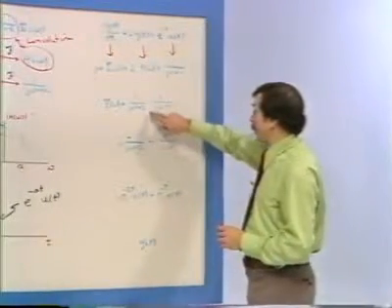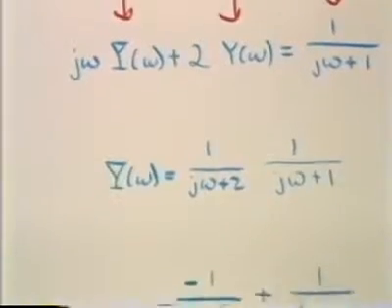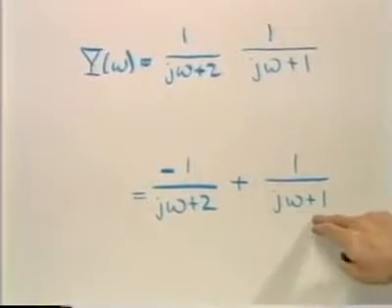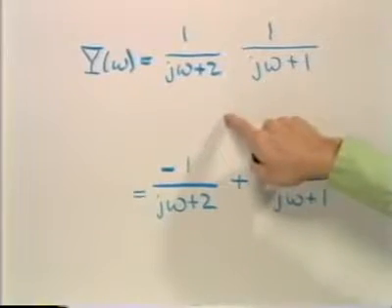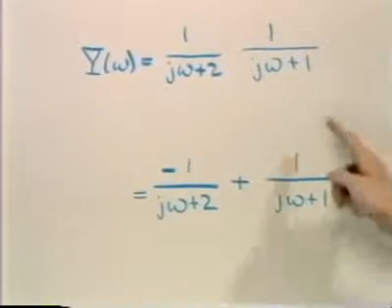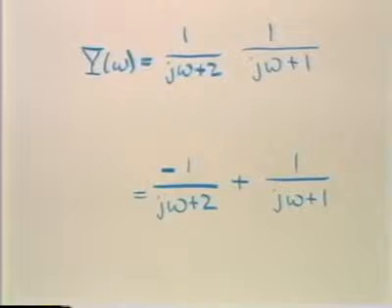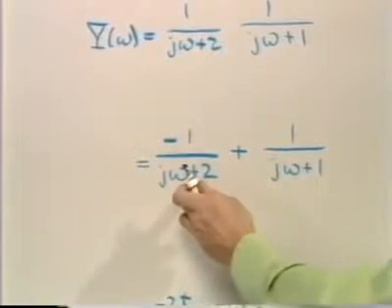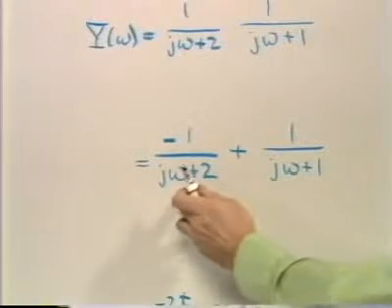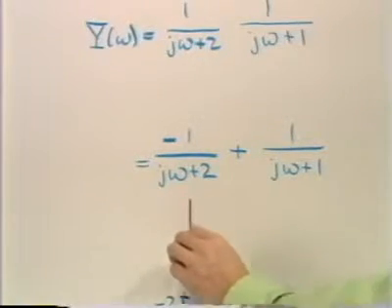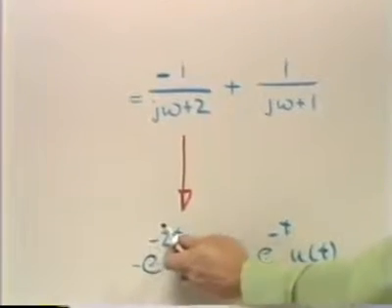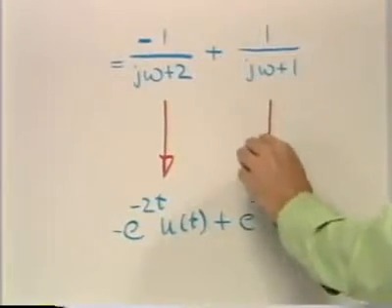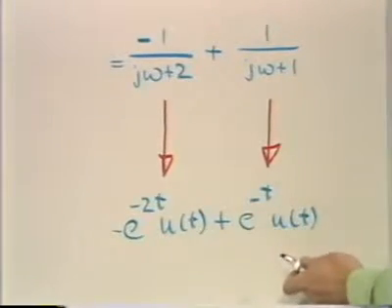Okay, so if we expand this out in a partial fraction expansion, and you can just verify that if you add these two together, you'll get back to where we started, we now have the sum of two terms. And if we now recognize by inspection the inverse Fourier transform of this, we see that it's simply minus e to the minus 2t times the unit step. This one is plus e to the minus t times the unit step.